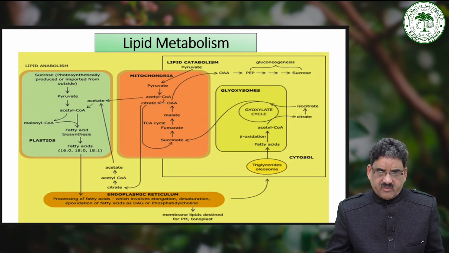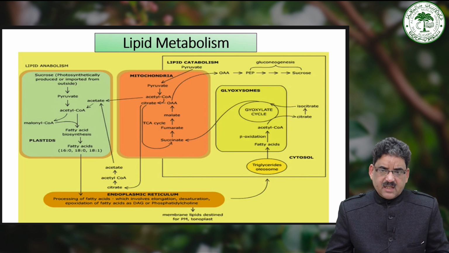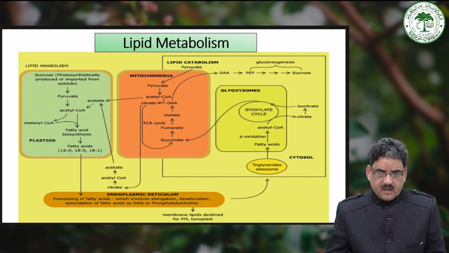Concurrently, during fatty acid synthesis, the hydrocarbon chain undergoes elongation with the addition of two carbons at a time. Notably, the precursors for fatty acid synthesis are three carbon compounds, primarily malonyl CoA with one acetyl CoA acting as a primer.